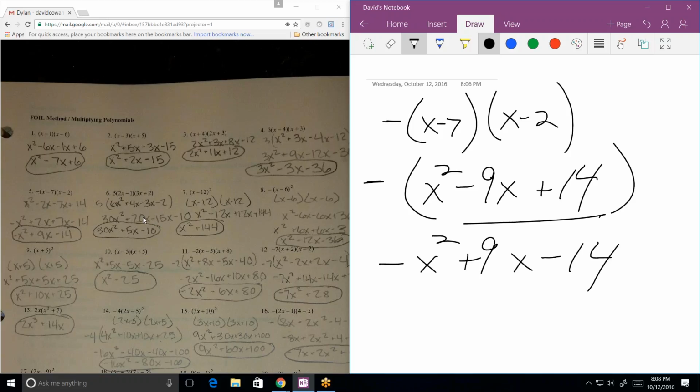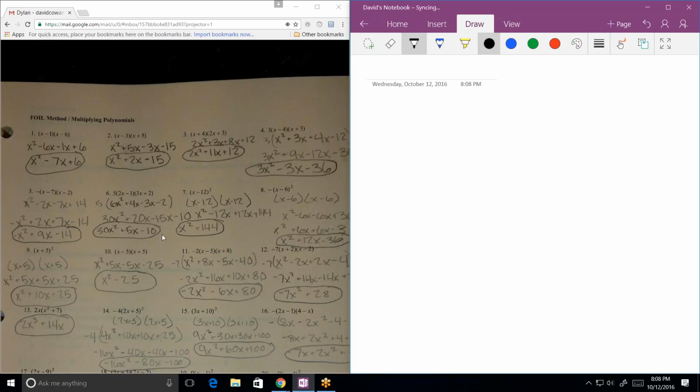The way you're doing it, you're going to deal with bigger numbers than necessary. And like I said, if you want to cut back on mistakes in math, always deal with the smallest numbers.